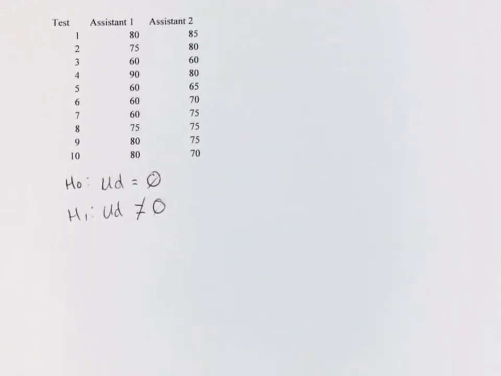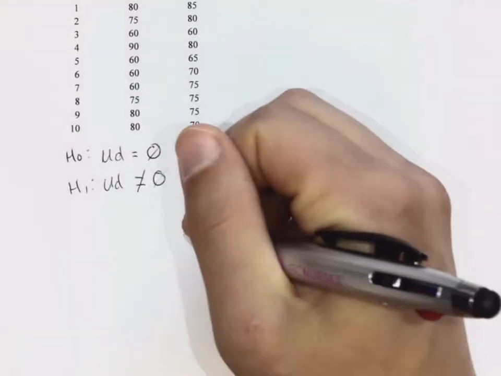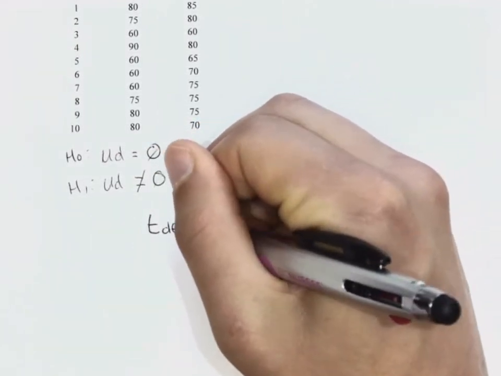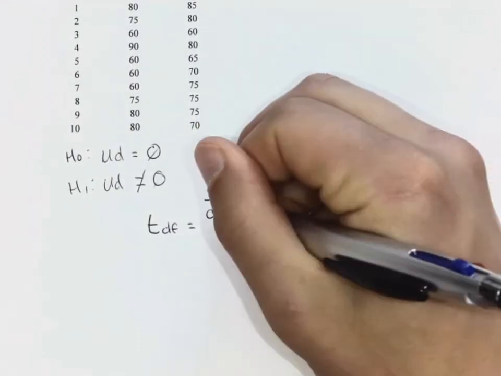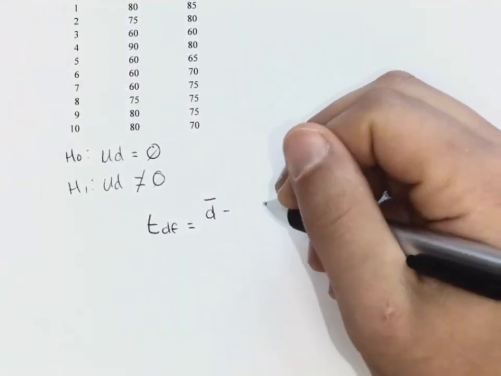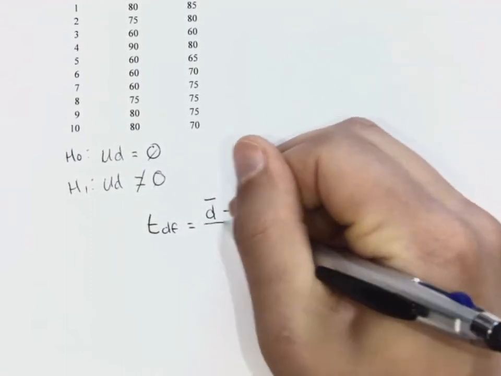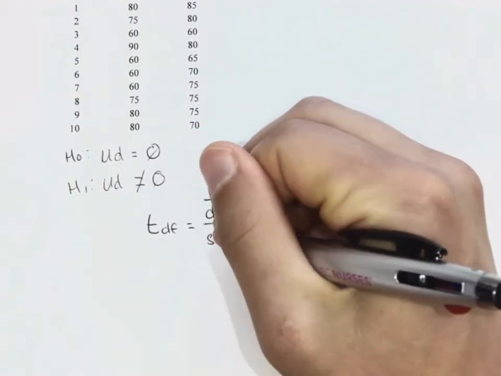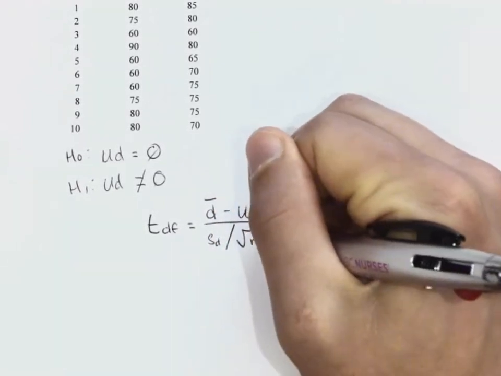To do that, we need to use our formula. T-value, with degrees of freedom, equals the sample difference between the paired or related observations, divided by the sample standard deviation divided by the square root of the sample size.